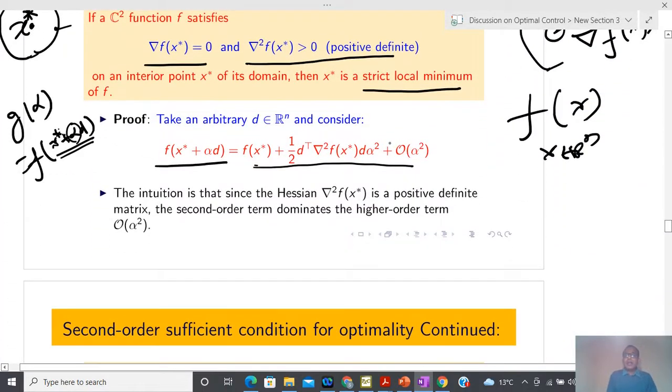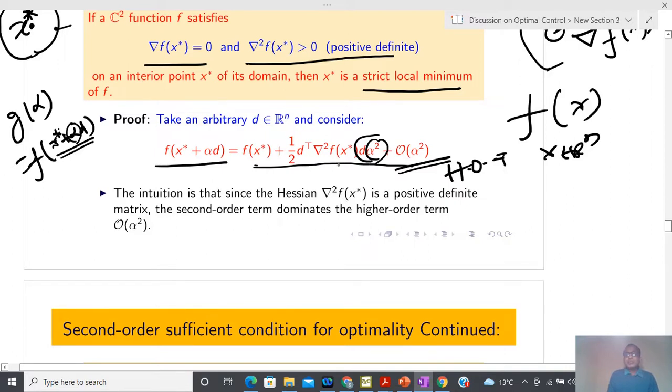like this. Anyone has confusion? And obviously alpha square is involved because I'm talking about Taylor series expansion, and again I have higher order terms. Okay, now the Hessian matrix, gradient square f of x, is positive definite.